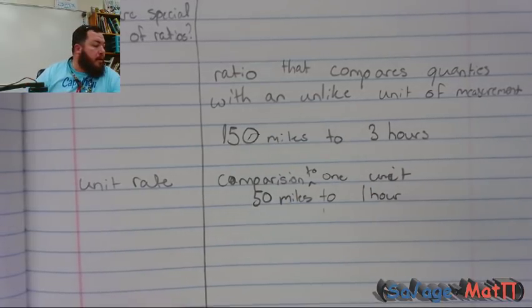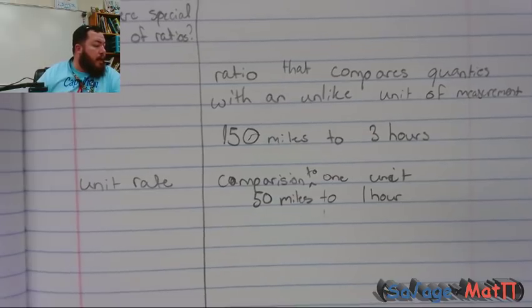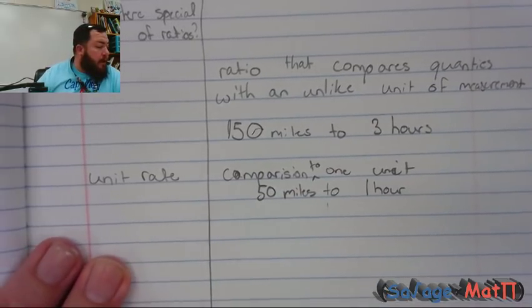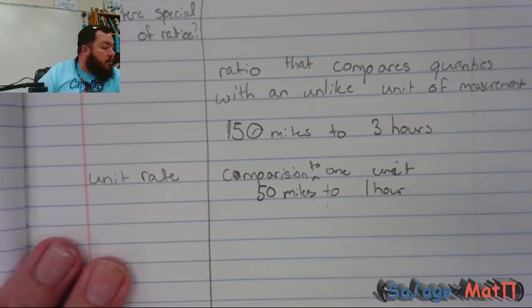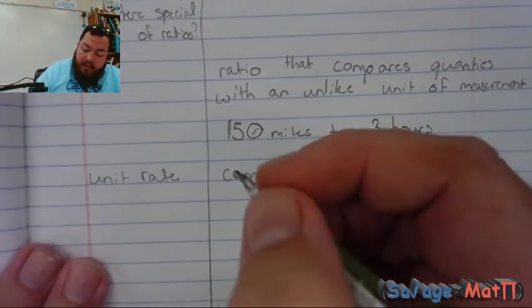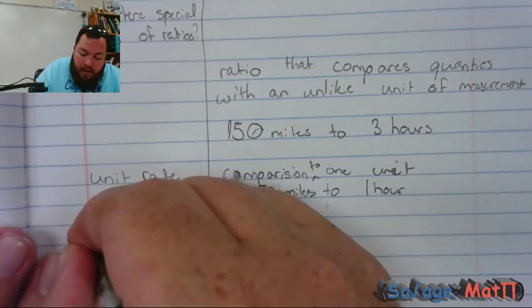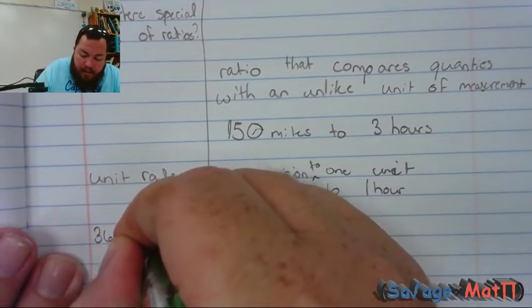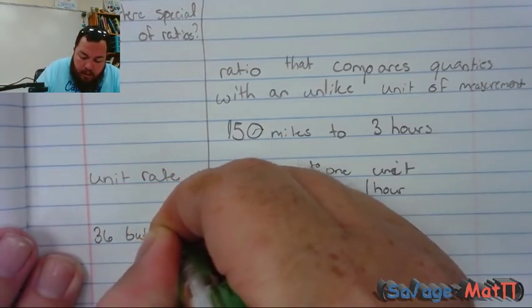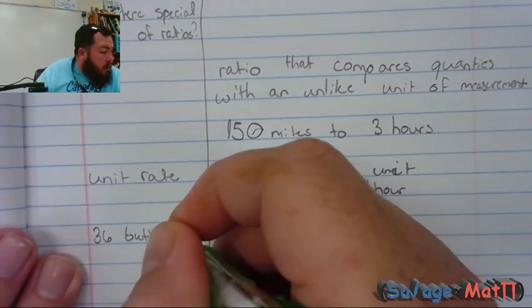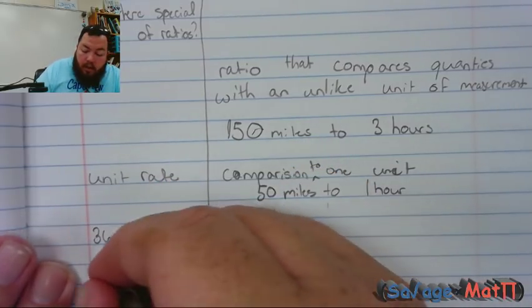Okay? And then I want to look at example 8 for you guys. The directions for number 8 say to write each as a rate and a unit rate. My example is 36 butterflies on 9 flowers.